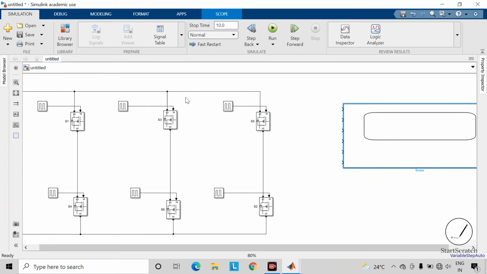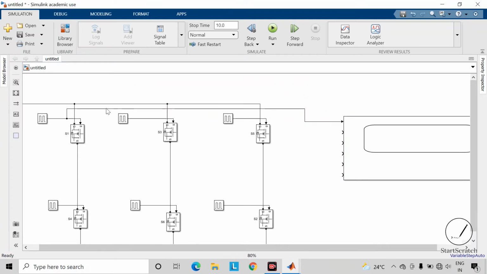Now connect all the pulse generator blocks to the scope. We will give a name to each pulse.